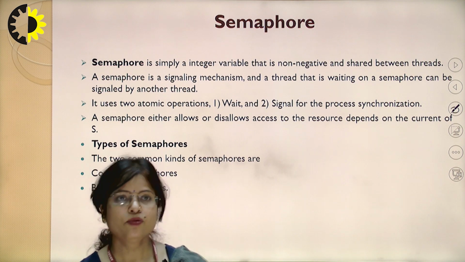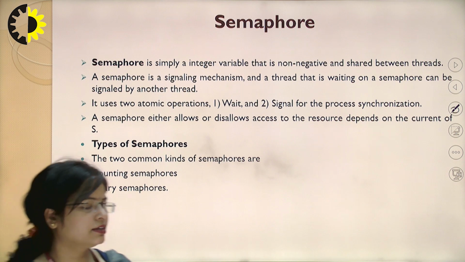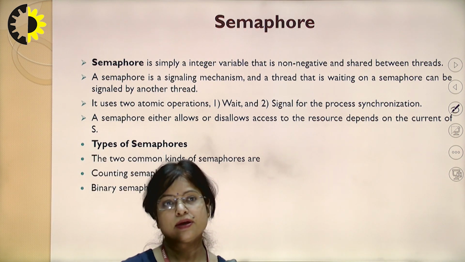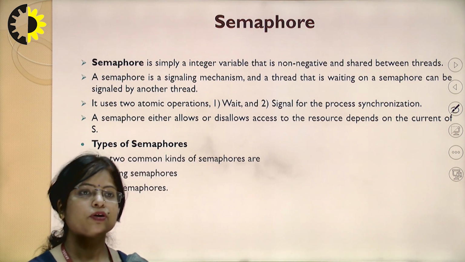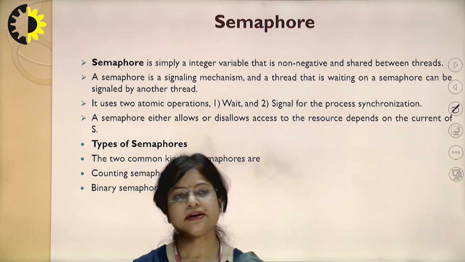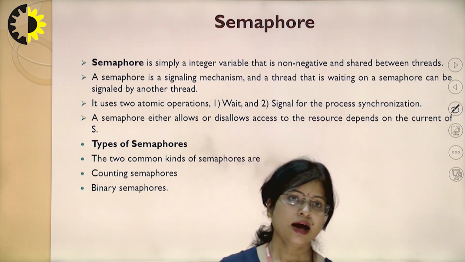Next, we can move to the semaphore. We have just discussed that whenever there is a critical section, we must make sure that only one process can enter the critical section, and we have designed some entry code and exit code.